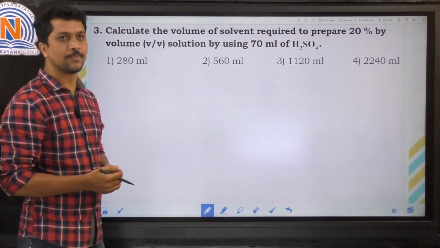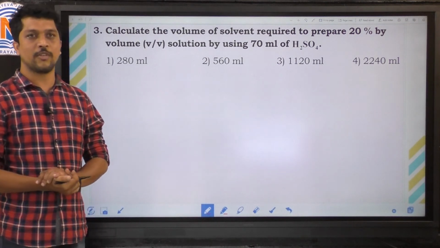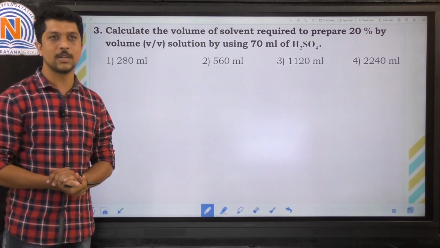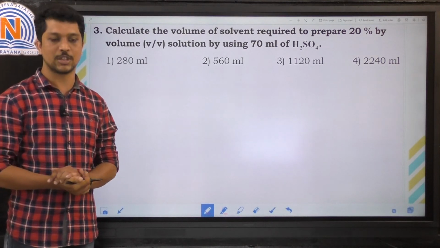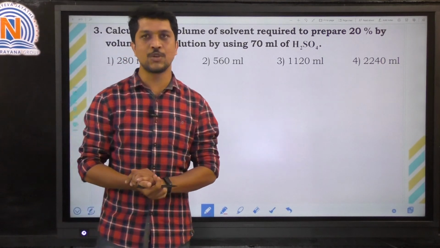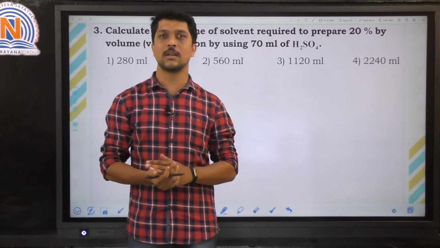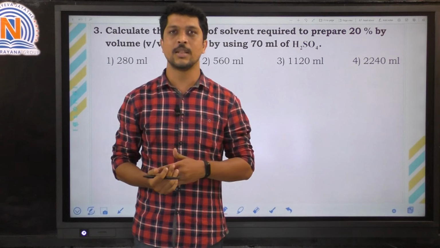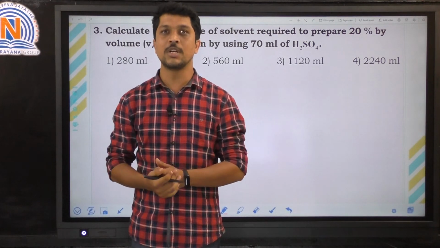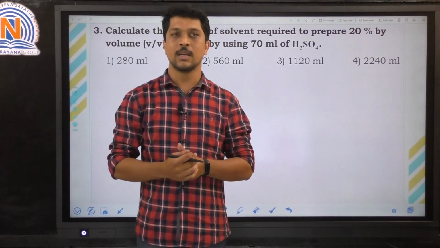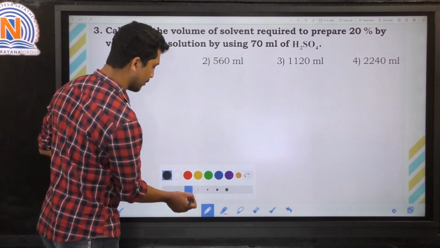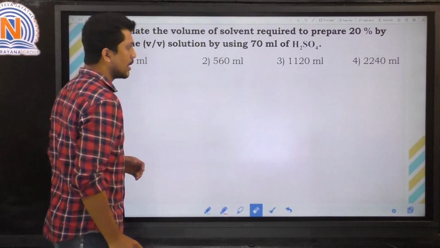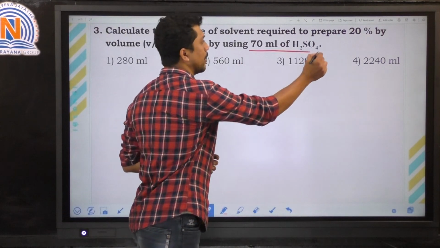Here is the third question. Calculate the volume of solvent required to prepare a 20% by volume solution using 70 ml of H2SO4. So here we need to find how much amount of solution they have used to prepare the 20% solution. The solute amount is 70 ml.